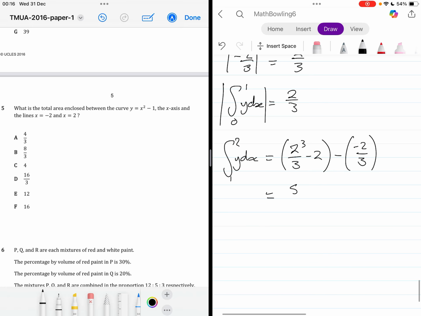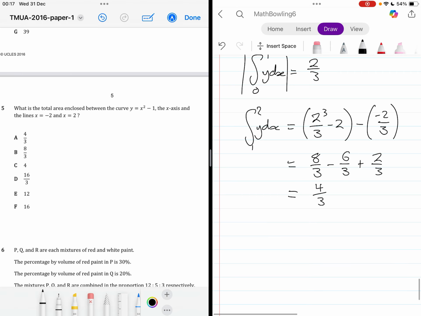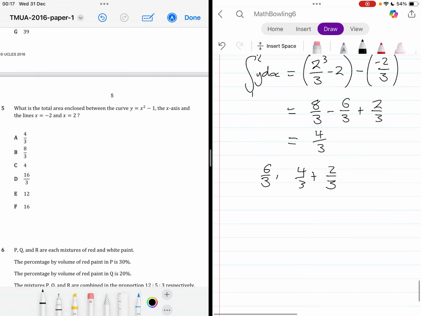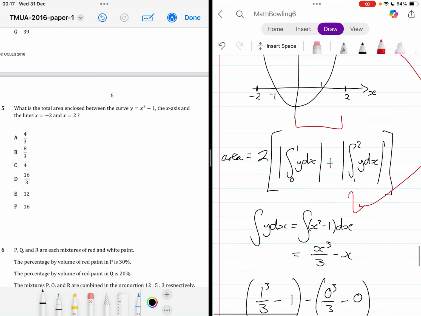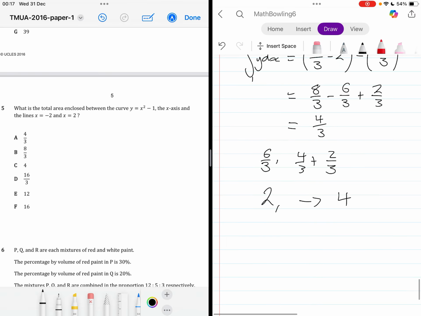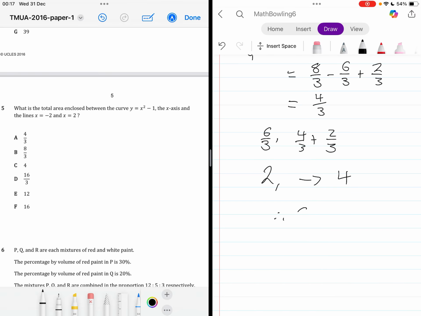So 8 over 3 minus 6 over 3 plus 2 over 3, 4 over 3. Now we add these together, we're going to get 6 over 3, as that's 4 over 3 plus 2 over 3, which is just going to be 2. We're going to want to times that by 2, so we're going to be left with 4, because we had this 2 up here. So therefore our answer is going to be C.